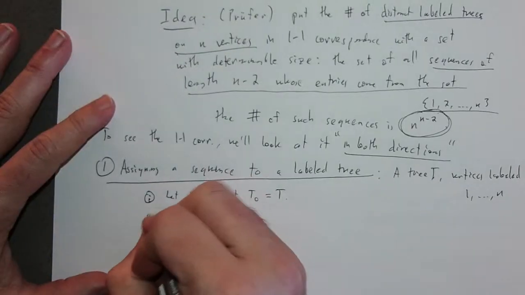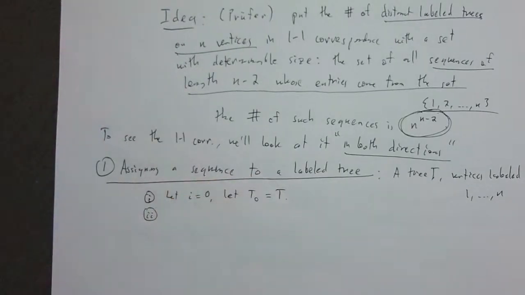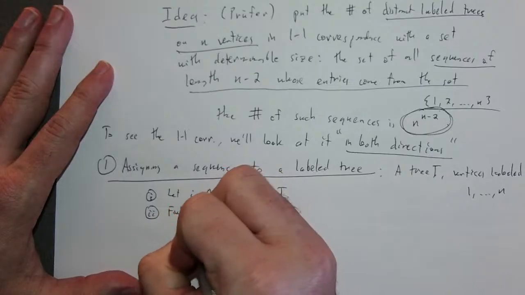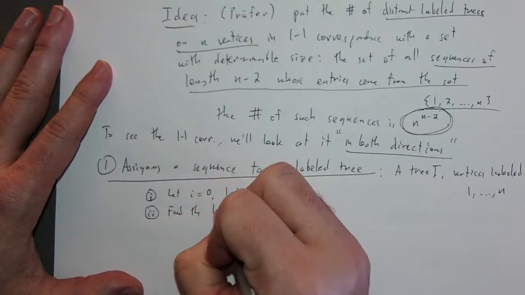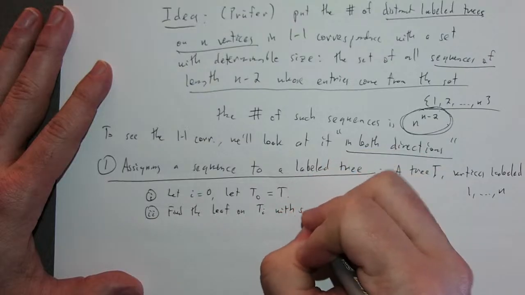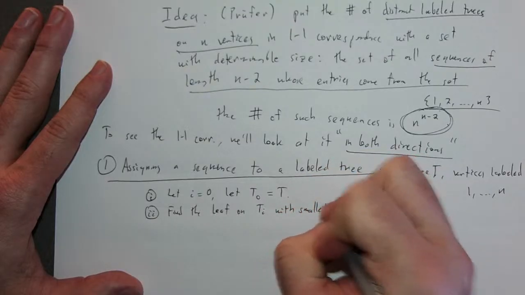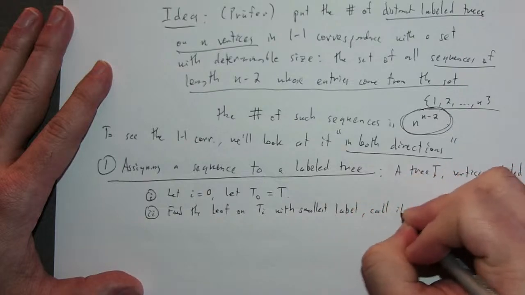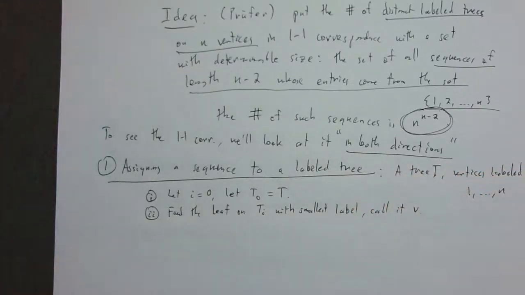Second step, find the leaf on T sub i with the smallest label and call it v. Smallest label here implies that the index set has an ordering on it, so that we know what smallest is.